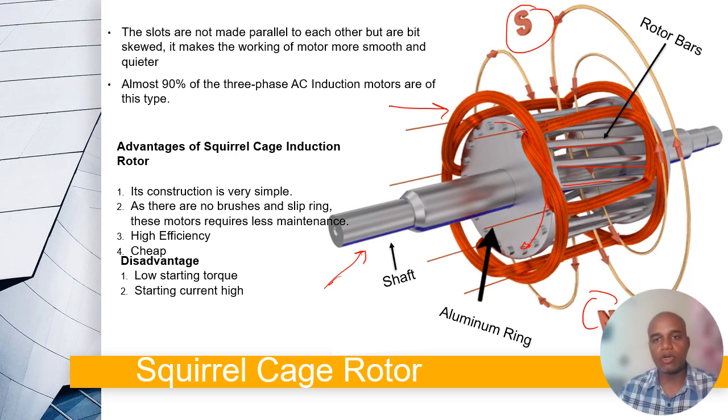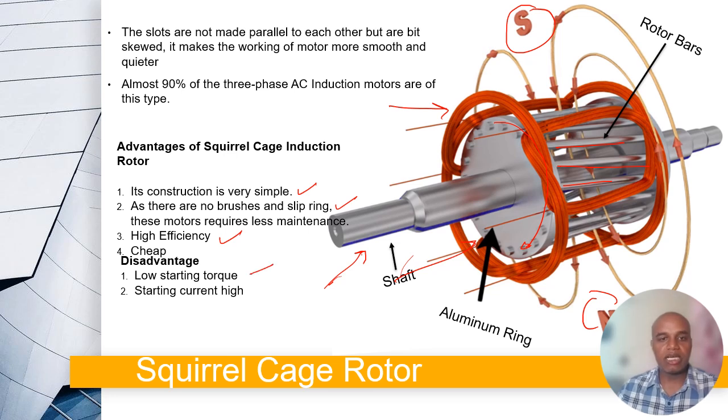However, in this rotor case, we don't have any option to increase the rotor resistance, so we cannot manipulate the torque at the starting. Therefore we don't have any control through the rotor in the squirrel cage motor to manipulate the starting torque. However, it has a very simple construction, as there are no brushes and slip ring, so it is more efficient than my slip ring induction motor.